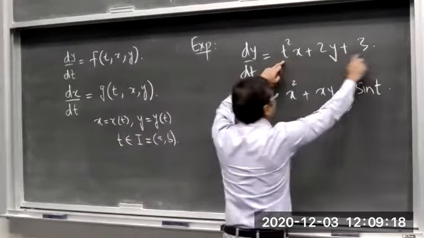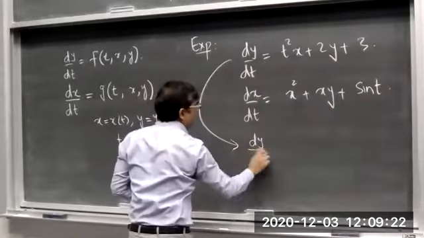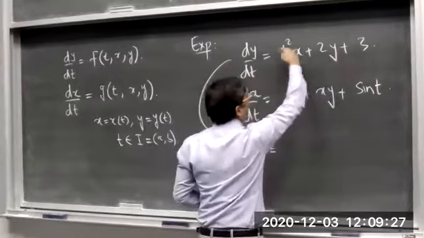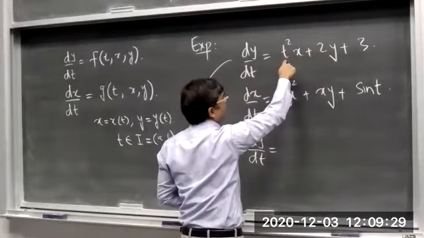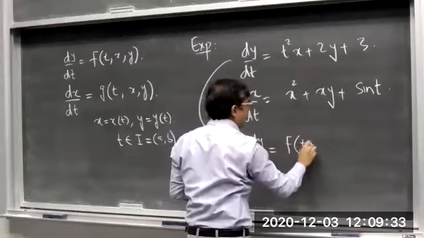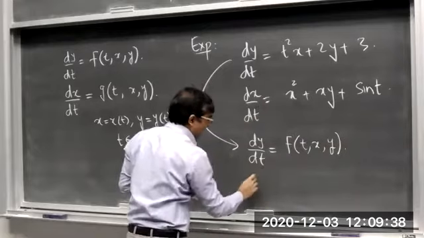What is this? This is your first function, and we can write it as dy by dt is equal to some function of what? It is a function of t, x, and y. So we can write this as some function f of t, x, y.